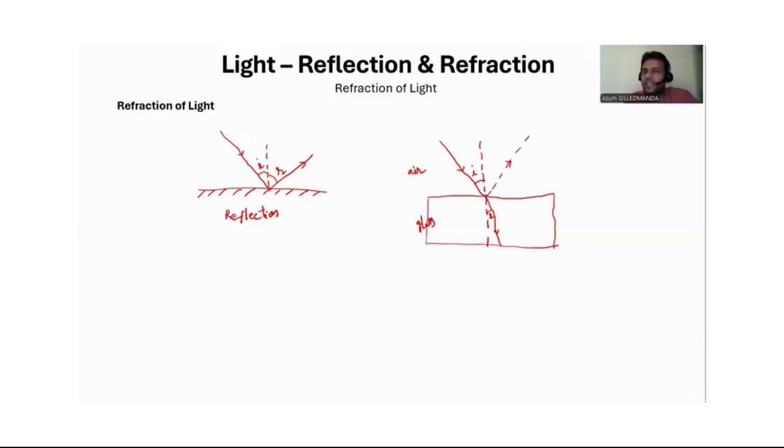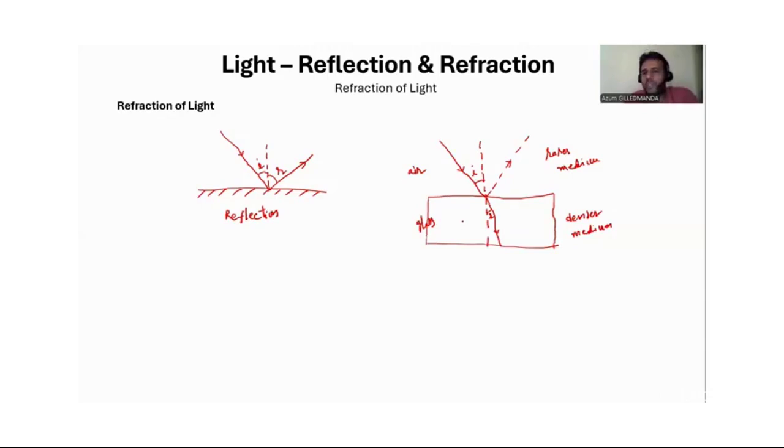So air is what we call a rarer medium, right? This is a rarer medium, and this is a denser medium. So when the light travels from one medium to other medium, the speed gets reduced or slowed down.